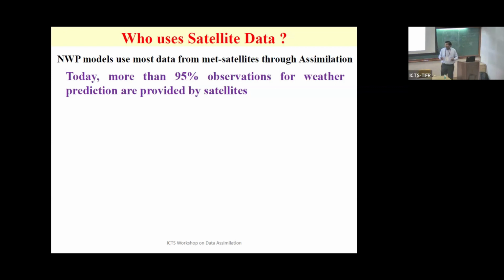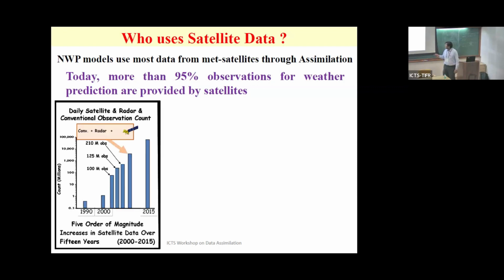Because as an atmospheric scientist, I can say that I will mostly talk about the atmospheric model. So around 95% observations which are assimilated in the weather model or atmospheric model are coming from the satellite. Rest 5% are coming from the other conventional instruments like radiosonde, synop, etc. Okay.